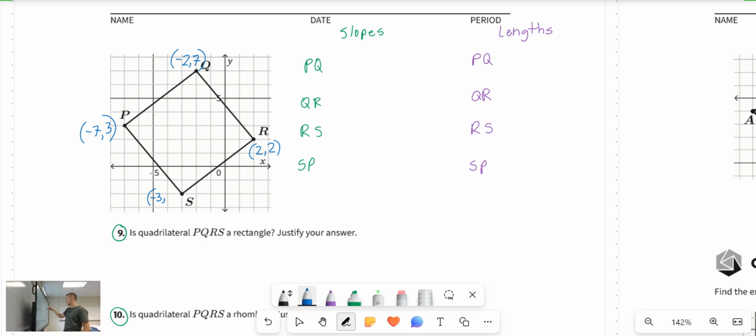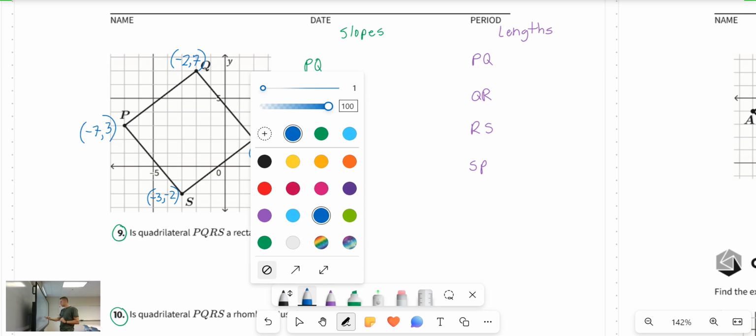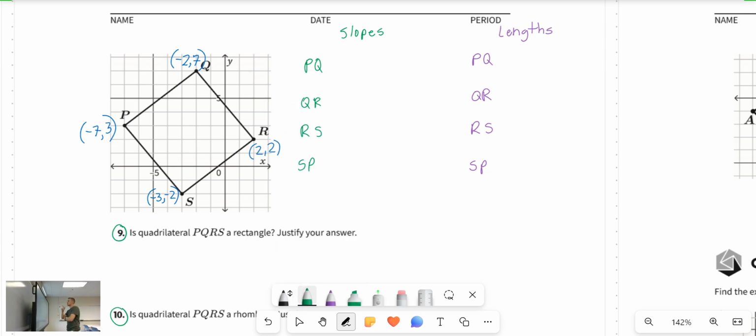It seems to be at -2. All right, -3, -2. Now we can go back to solving our slopes.